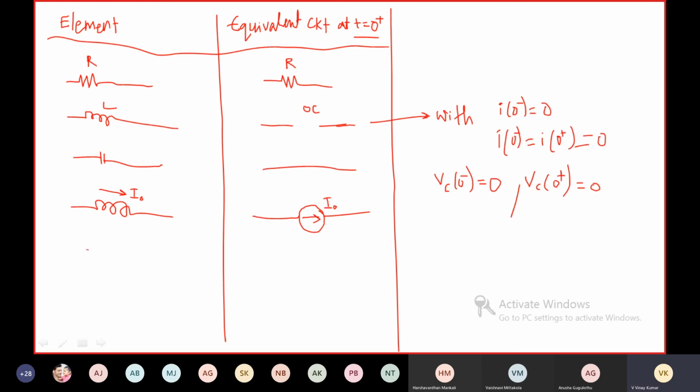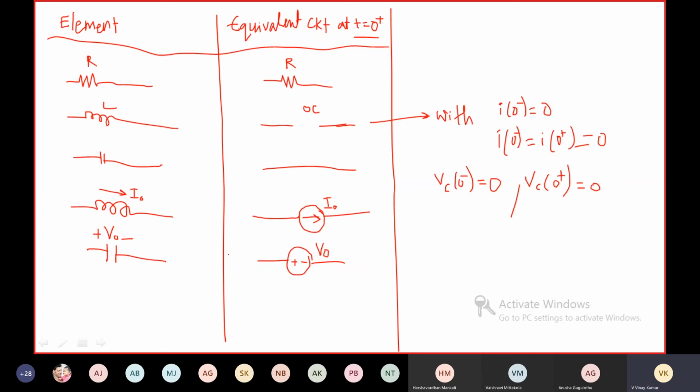Now capacitor with initial voltage. Let V naught be the initial voltage across capacitor. Then the equivalent circuit will be a voltage source V naught. Capacitor is replaced by voltage source.